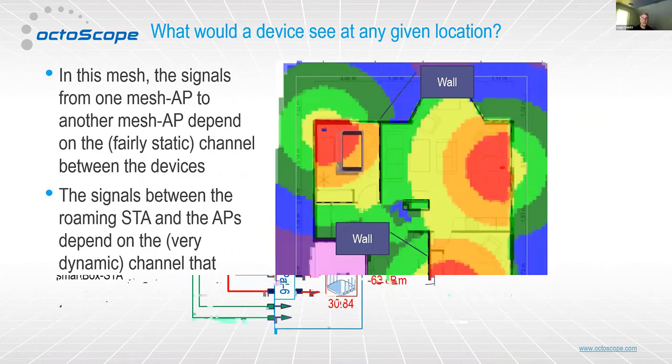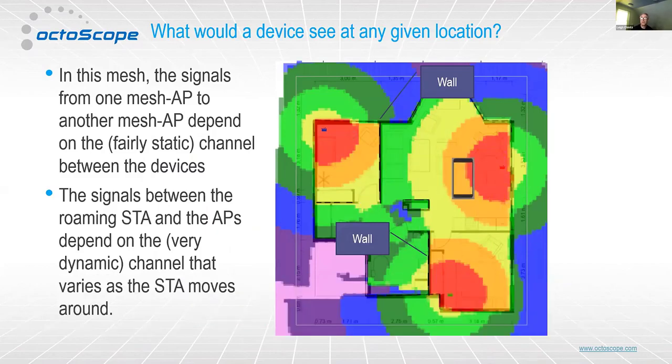Okay, and so to finish this up, the question is, how does this mesh perform? A device will move around, and it will be much more active. When we set up these links that we just talked about, they're static because the mesh devices typically are not moving.